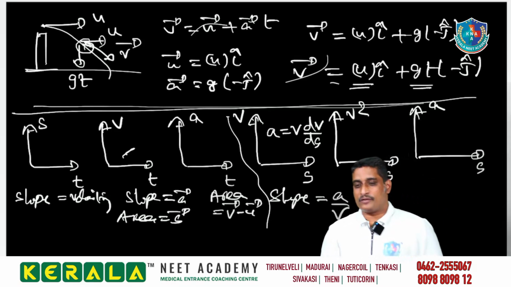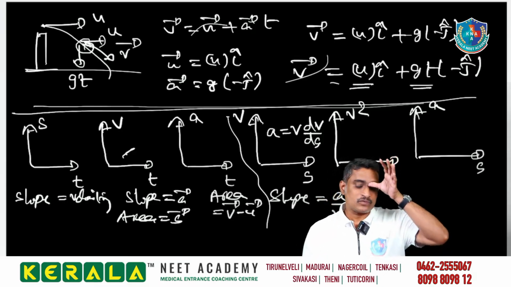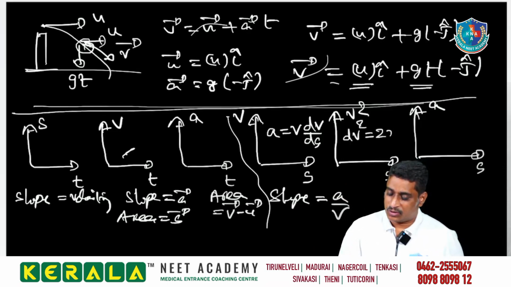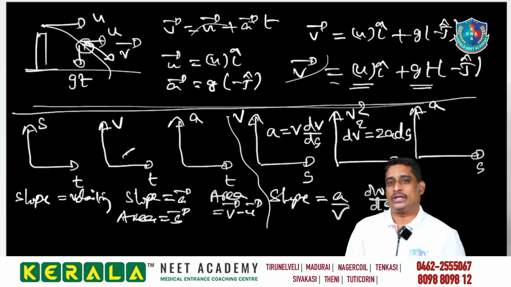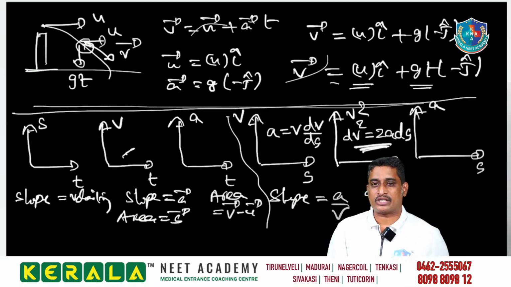Now come to the v square displacement graph, the square of velocity and displacement graph. We can write d(v square) will be equal to 2a into ds for small changes. Therefore, d(v square) by ds represents the 2a value.